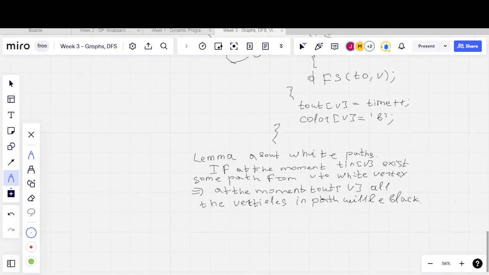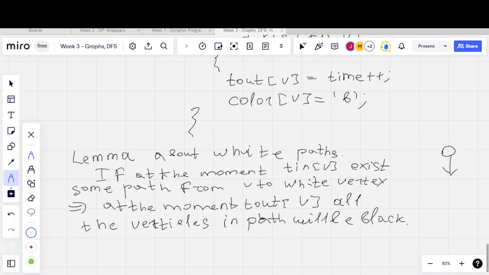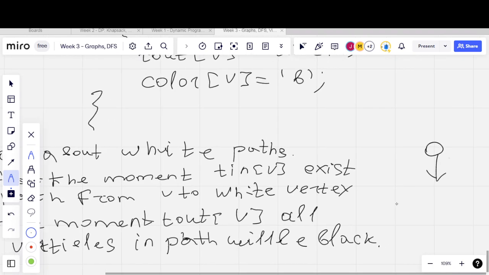If you have some path, and we start DFS from this vertex, this vertex will be white, and after the start, this vertex will be gray.